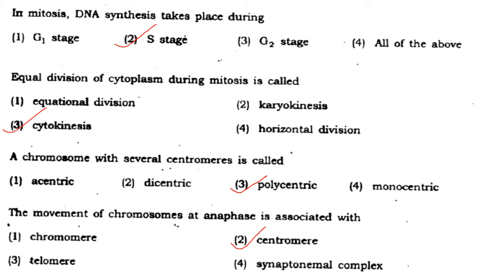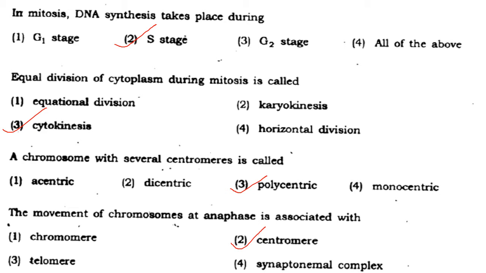Next one. In mitosis, DNA synthesis takes place during option 1 G1 stage, 2 S stage, 3 G2 stage, 4 all of the above. Answer is option 2 S stage. Next one. Equal division of cytoplasm during mitosis is called option 1 equational division, 2 karyokinesis, 3 cytokinesis, 4 horizontal division.